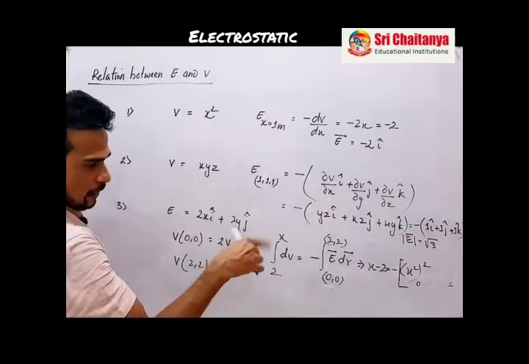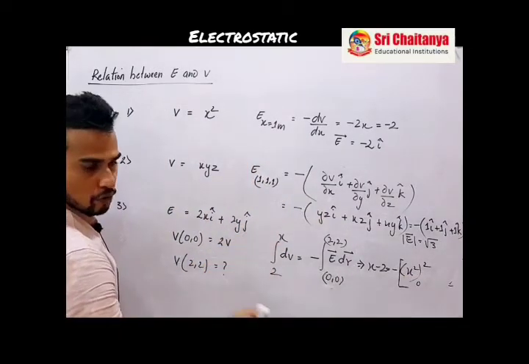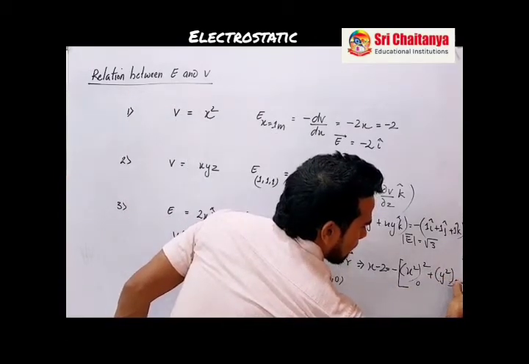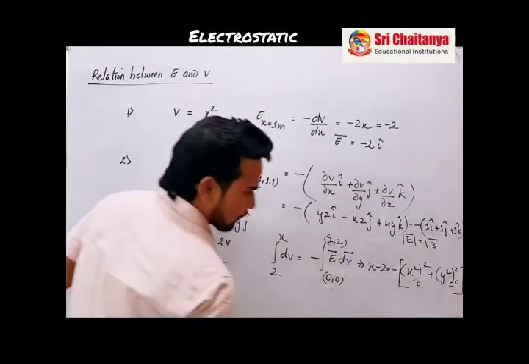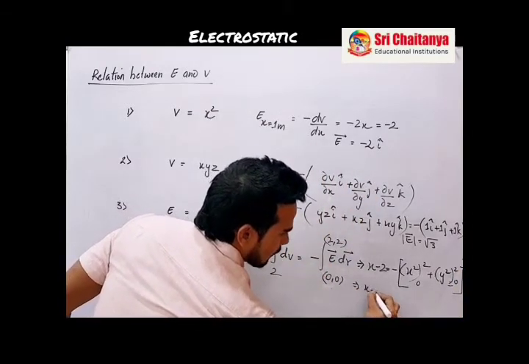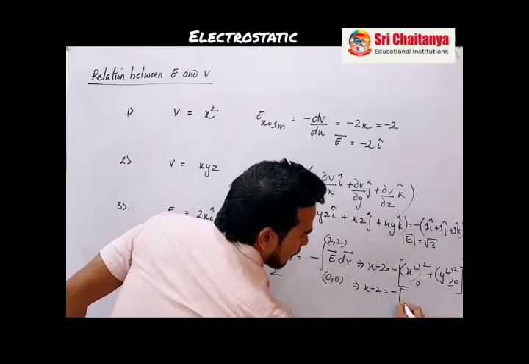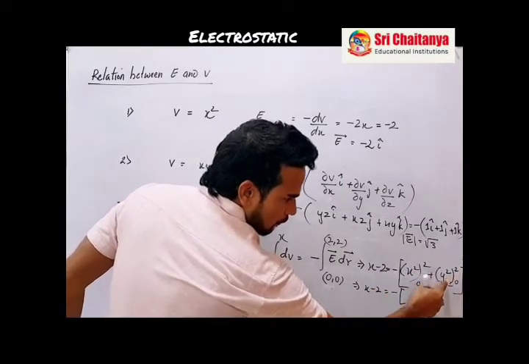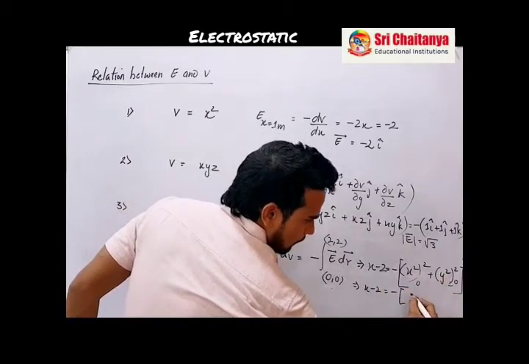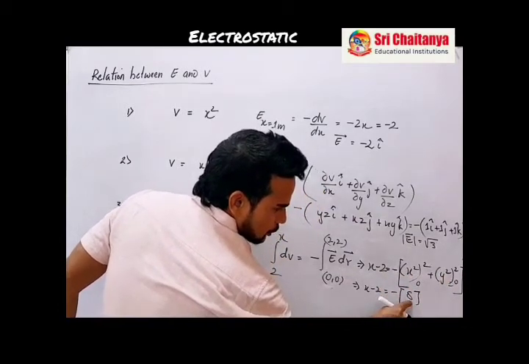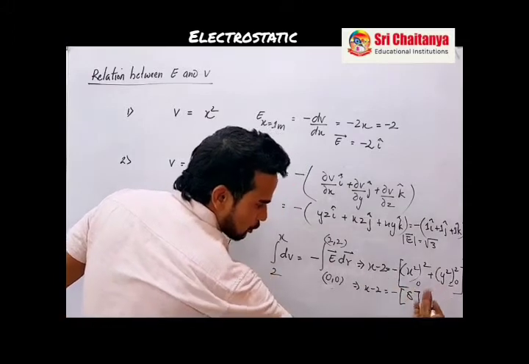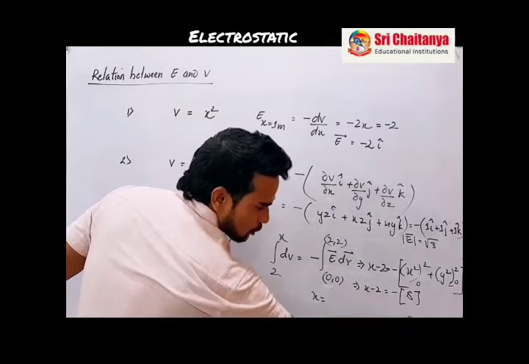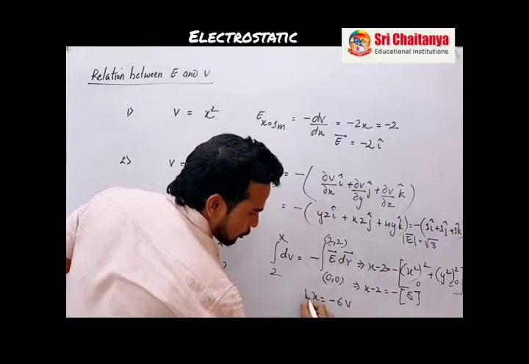Similarly 2y integration will give you 2y square by 2. So again 2 will get cancelled, so you will get plus y square. From 0 to 2. Now you can put the limit, this will come x minus 2, that will come minus there, 2 square will give you 4, here also 2 square will give you 4, 4, 4, 8. So minus 8, this 2 will go that side, so it will add. So value of x will be coming as minus 8 plus 2, you will get minus 6 volt.